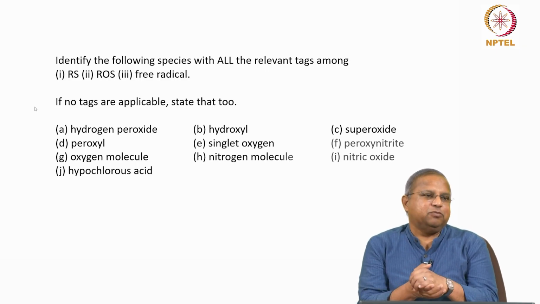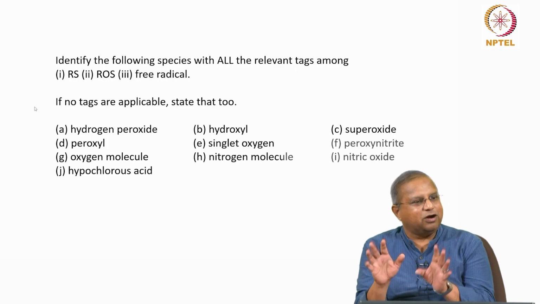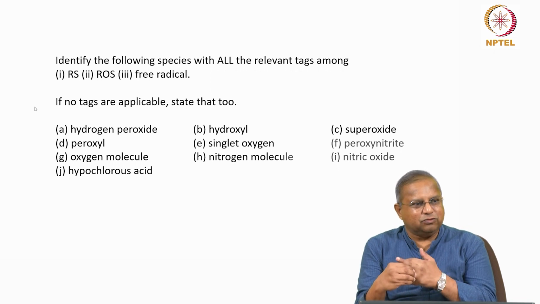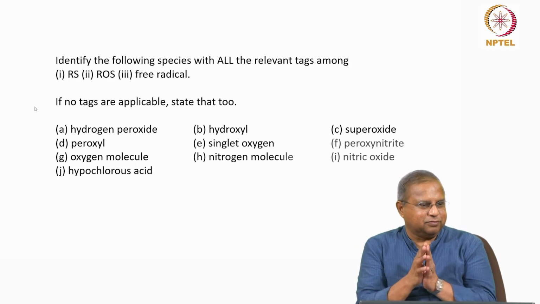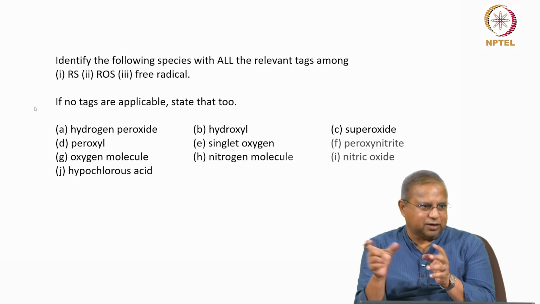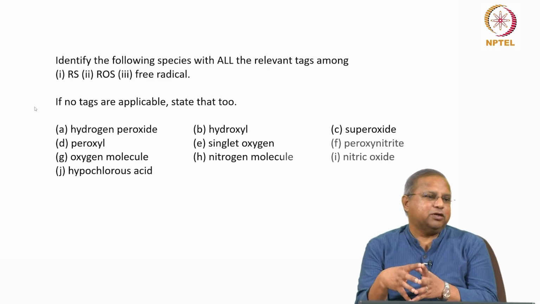So they changed the name to reactive oxygen species. For about a decade or so, they were called reactive oxygen species. And then people slowly realized that you have all these nitric oxide and things like that, which can also come under this category. So from the later part of the early 2000s, that decade, people started calling them reactive species, and it was formalized in the textbook, the 5th edition of Halliwell and Gutteridge that came out in 2015.